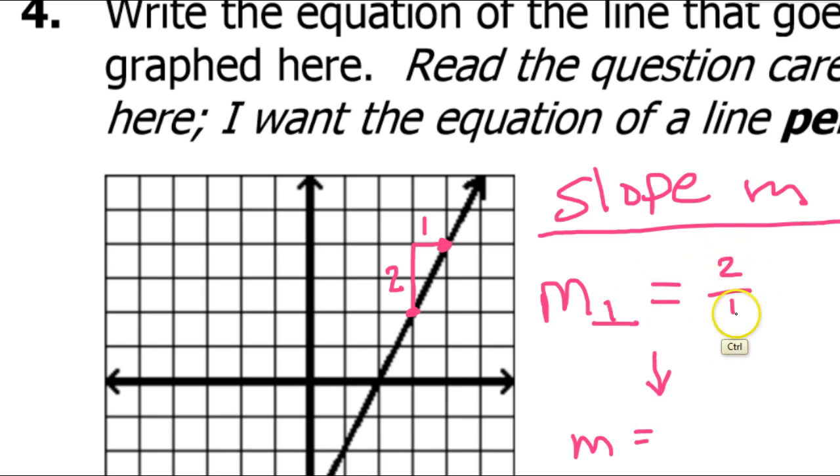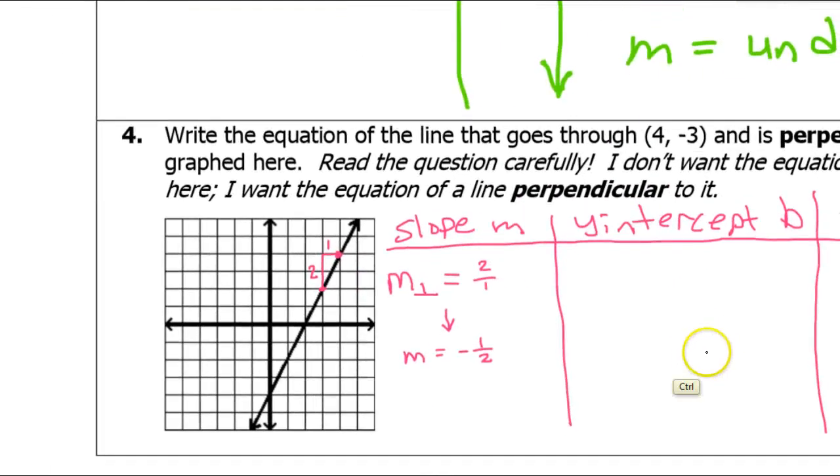So the reciprocal of 2 over 1 is 1 over 2. All right, reciprocal means turn that fraction upside down. But it will also be opposite. So since the first one is positive, then this slope will be negative. Okay, so this all tells me that the slope I'm going to use is negative 1/2.